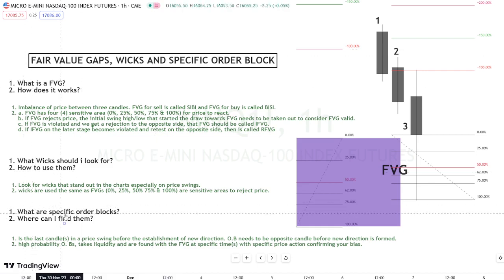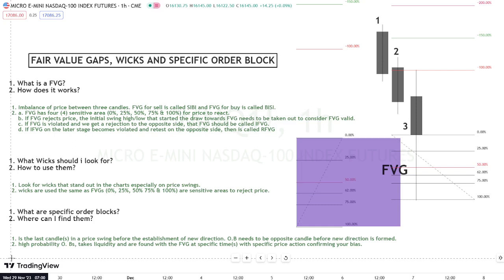And then what are specific order blocks, guys? It is the last candle or candles in a price swing, before the establishment of the new direction. An order block needs to be opposite candles before the new direction is formed.